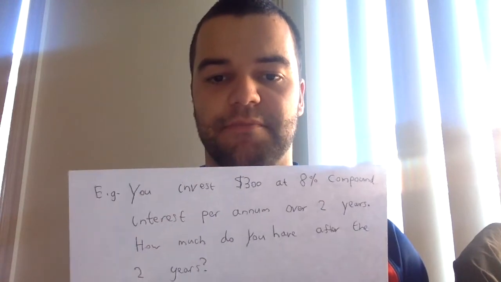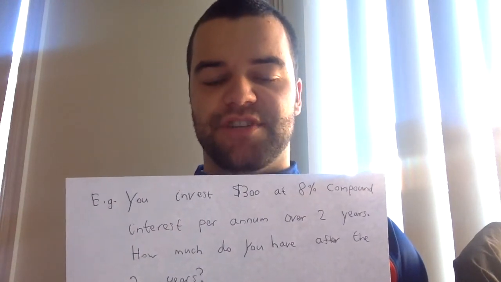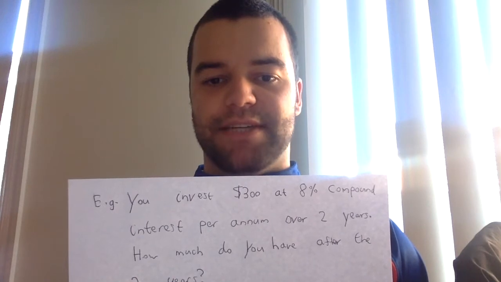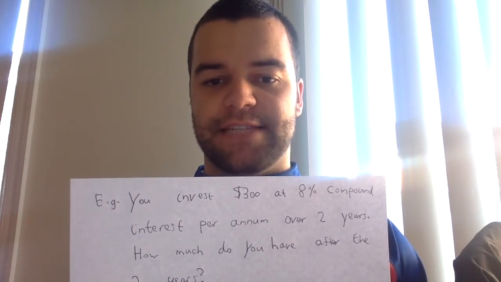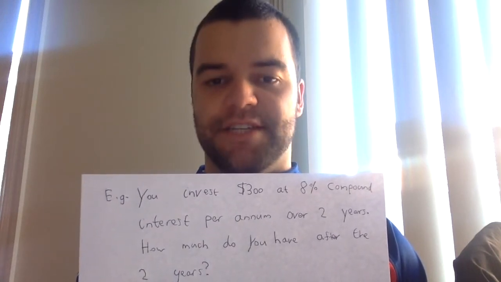And if you're doing it for a third year, you just do that another time, okay? So if that's not making much sense to you, I've got a worked example here that you can have a look at. So the example is you invest $300 at 8% compound interest per annum over 2 years. How much do you have after the 2 years?